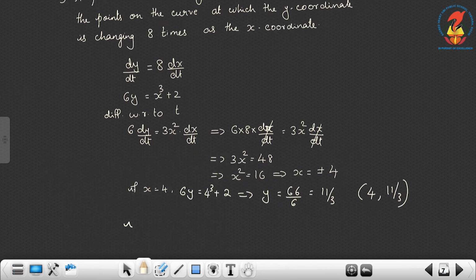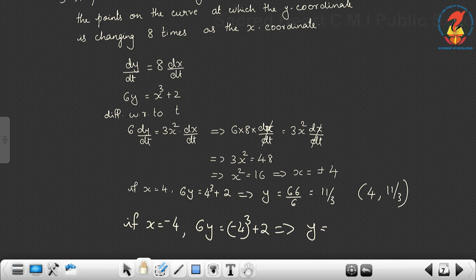Next point means you have to put x as minus 4. So 6y is equal to minus 4 cube plus 2, which implies y is equal to negative 64 plus 2 means negative 62. This is not 11 by 3, it is 11 only. Okay. 62 by 6, that's equal to minus 31 by 3.